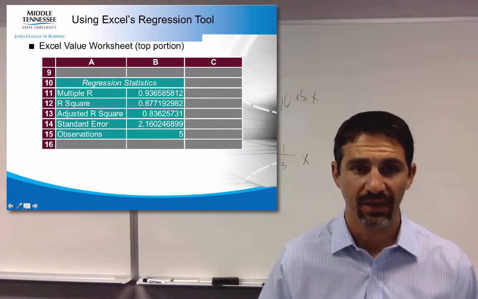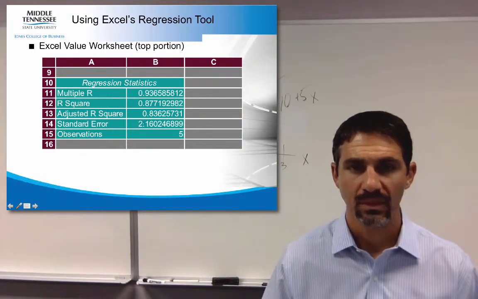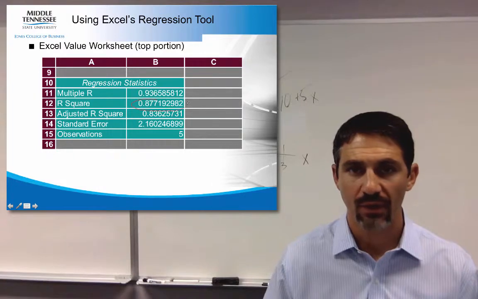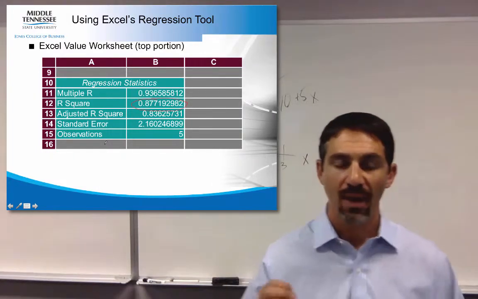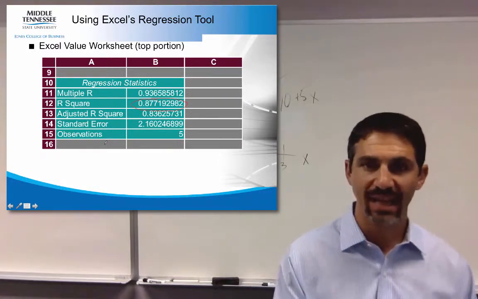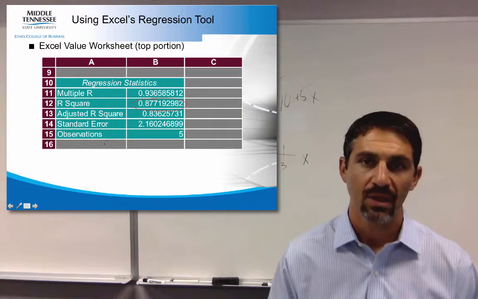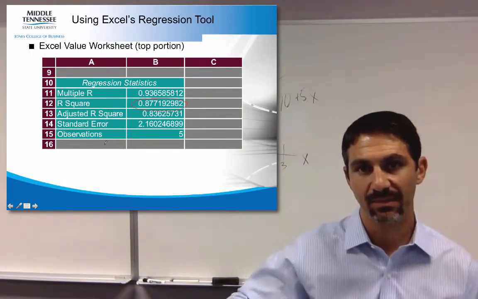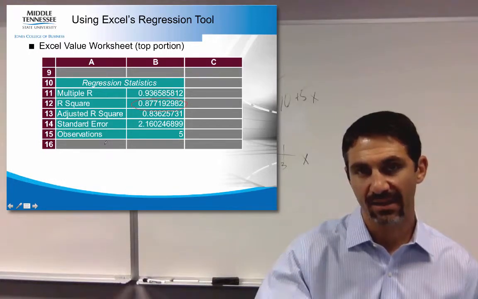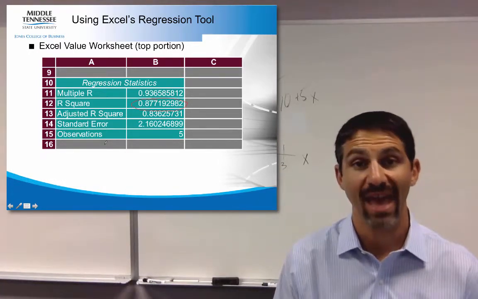The other one that's very interesting to see from here is your R squared, and that's what's called the coefficient of determination. What that tells you is the percentage that can be explained by the independent variable. So in this case, 87% of the fluctuation of sales can be explained by the number of ads.